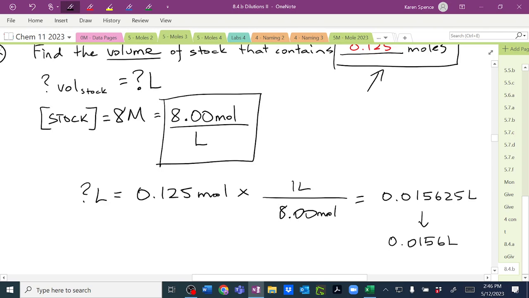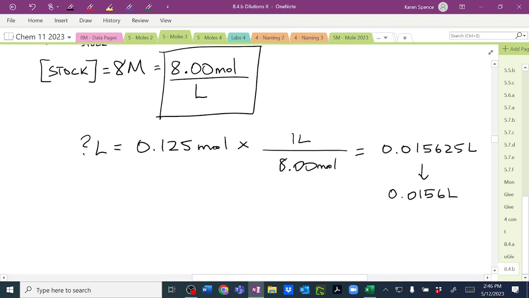And if you were to answer that and then round it to correct sig figs, 0.0156 liters, on this test, because you're in grade 11, I would say that's probably okay. But if you wanted to be really sophisticated about it, you would say, what am I going to use to measure out that amount? And would it be better to leave it in liters, or to change it to milliliters? Better in milliliters, yes? How many decimal places do we move to make it milliliters? 3.